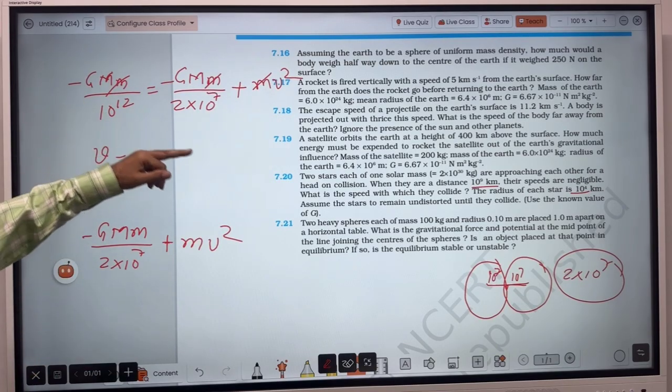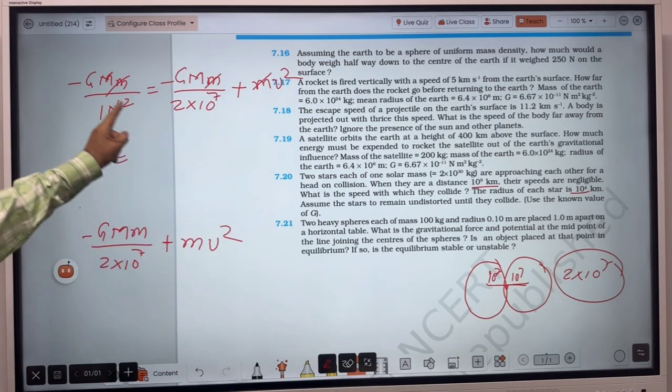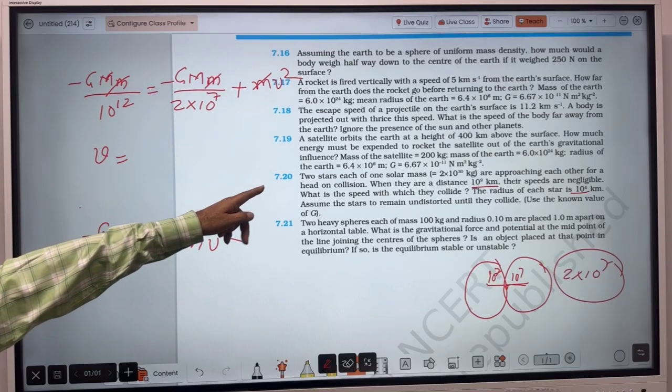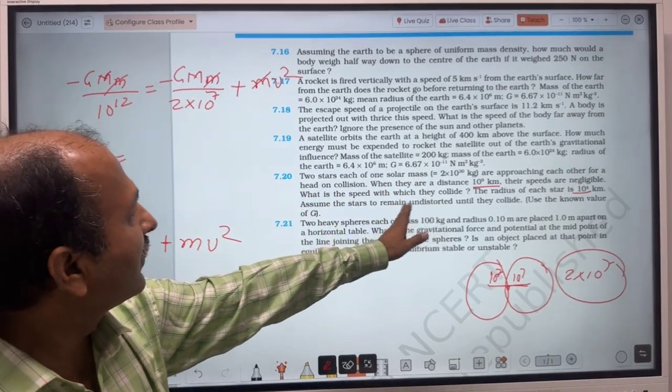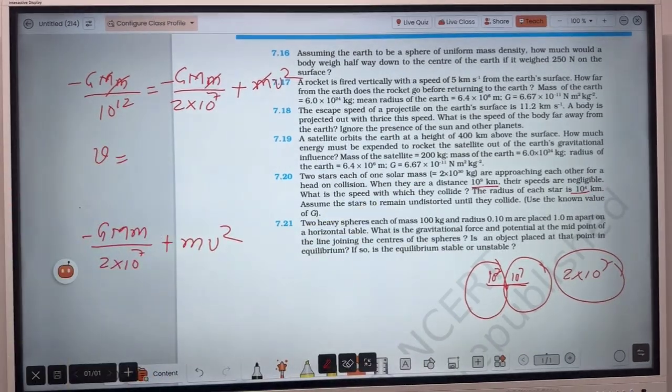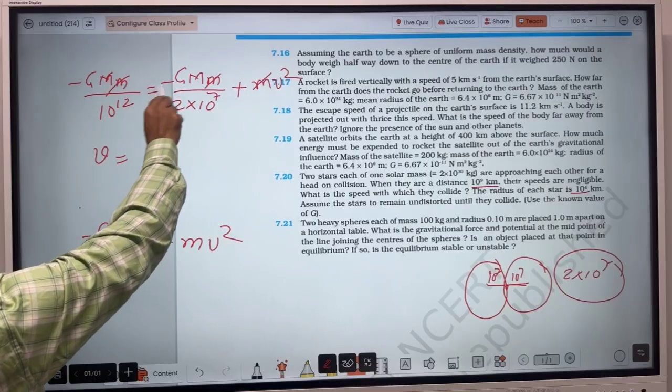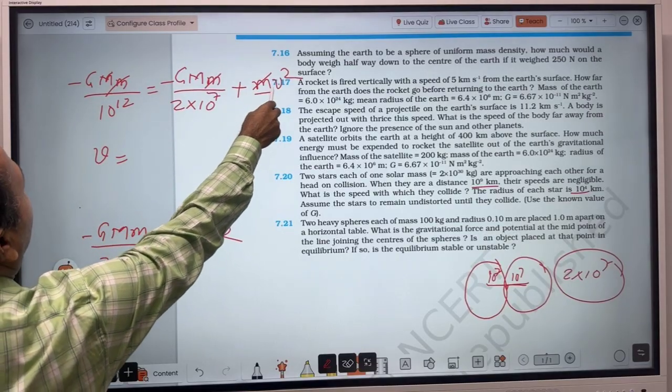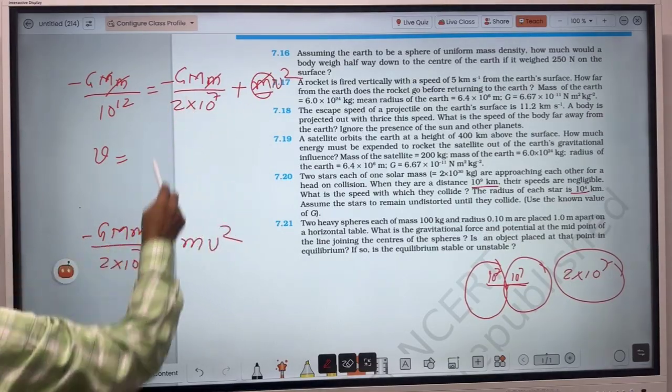Here G equal to 6.67 into 10 power minus 11 and mass is given as 6. We are taking this, so mass of the two stars is 2 into 10 power 30. So we can put the values and then we can get the answer. Even if you write here both masses are same, GM square, so 1 m will also be there here also, so that will get cancelled.